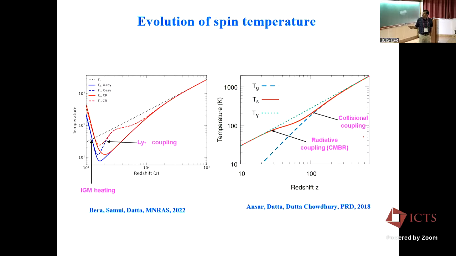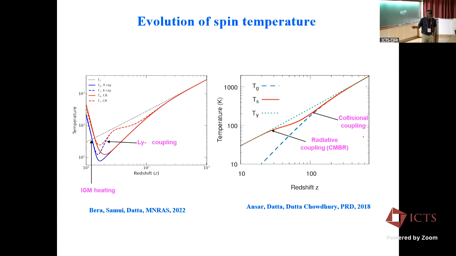That's because as the universe is expanding, the density and temperature both are decreasing. So collisional coupling becomes inefficient and radiative coupling becomes dominant. So radiation can now determine the spin temperature.